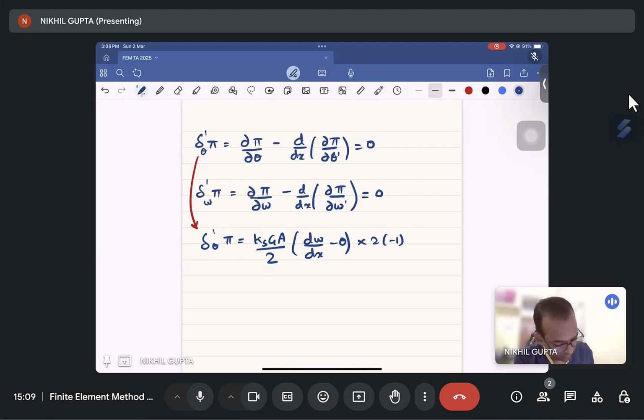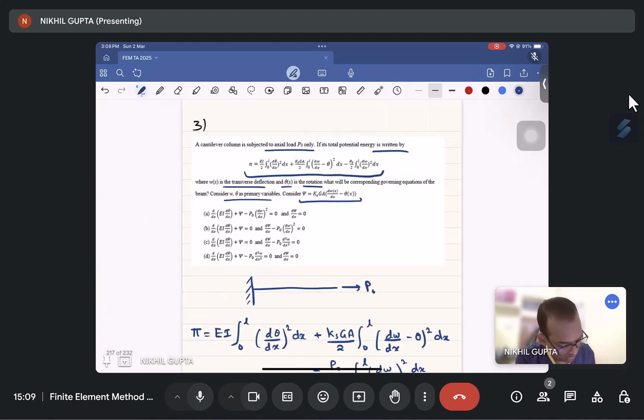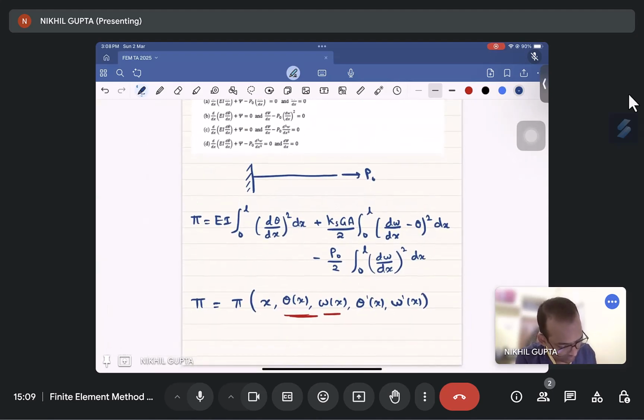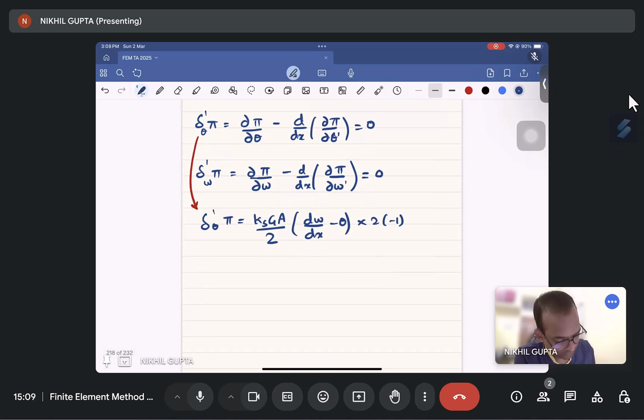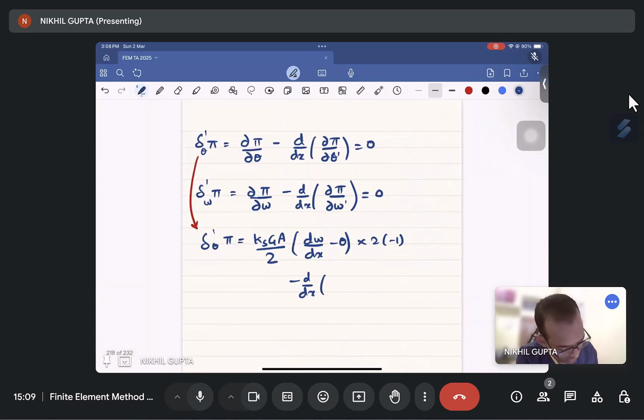So along with this, we have d theta by dx also. So what will we do, minus d by dx of EI by 2 into 2, twice of theta dash equals to 0.